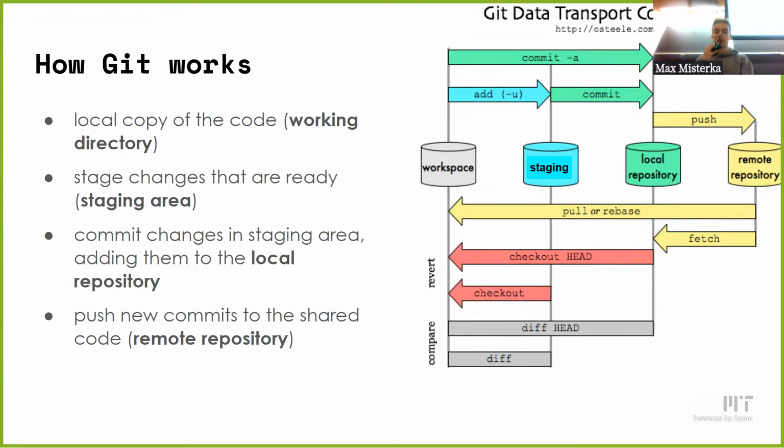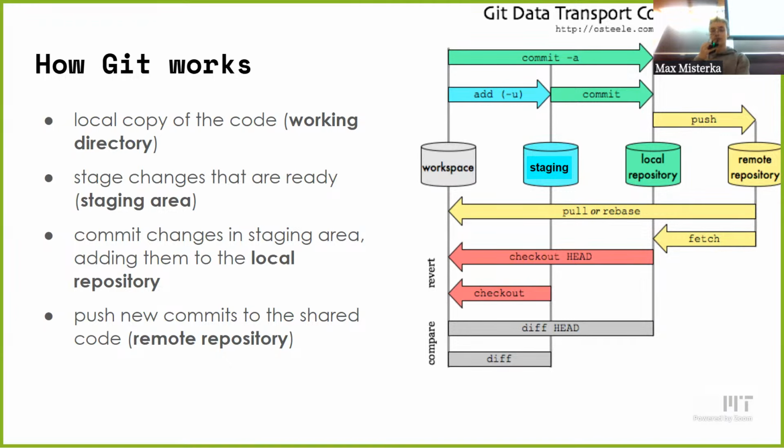They're not in the public version of the code on GitHub, and they're also not saved as part of the main piece of code on your laptop either. To save them like that, you commit them. That moves them from the staging area to the local repository, which locally stores all your code, and then push is a command which sends them to the remote repository, which is GitHub, usually.